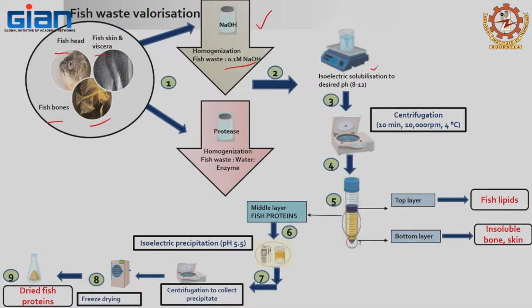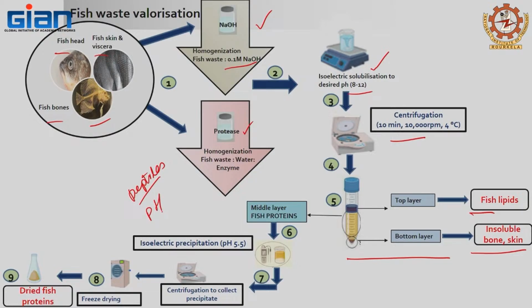And then isoelectric solubilization, that means you solubilize the protein, you centrifuge it, this is all you will be doing, and then you can get lipids, insoluble bones and skins, or else if you are using an enzyme, proteases, you will get your peptides, yeah, or protein hydrolysate.